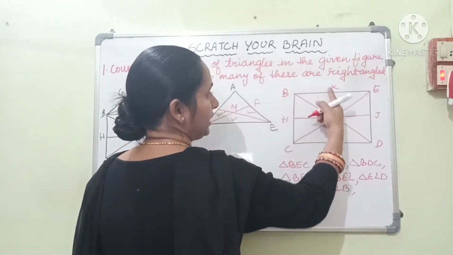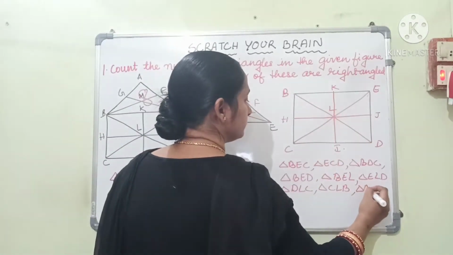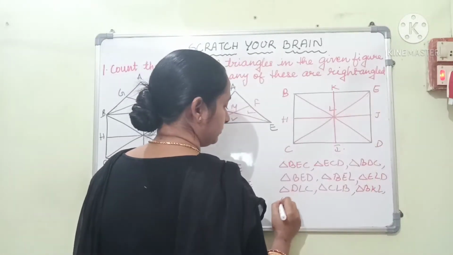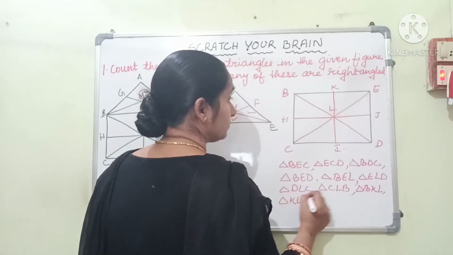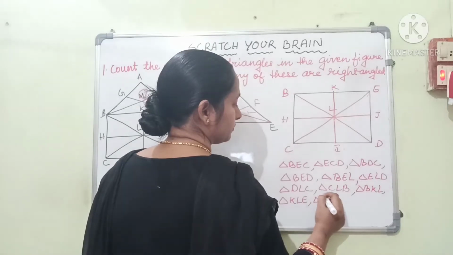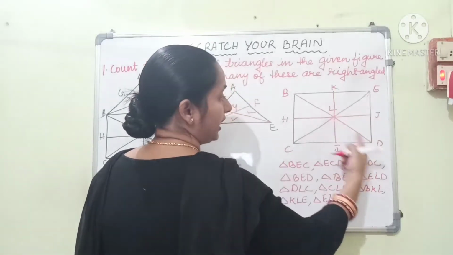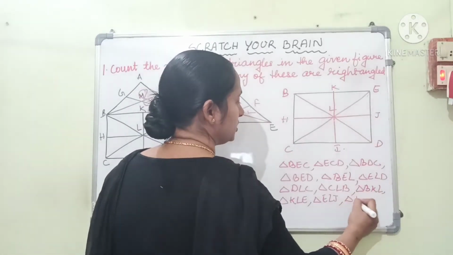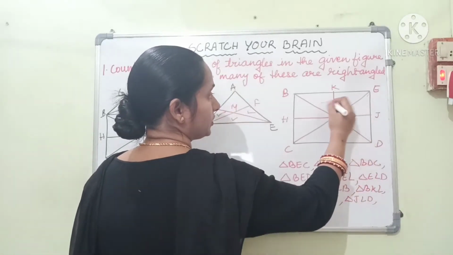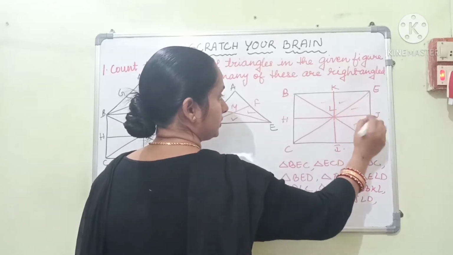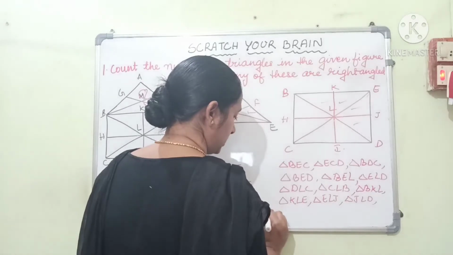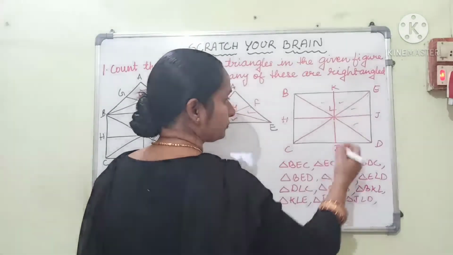That is triangle BKL, triangle KLE, triangle ELJ, triangle JLD, now LDI, triangle LDI.